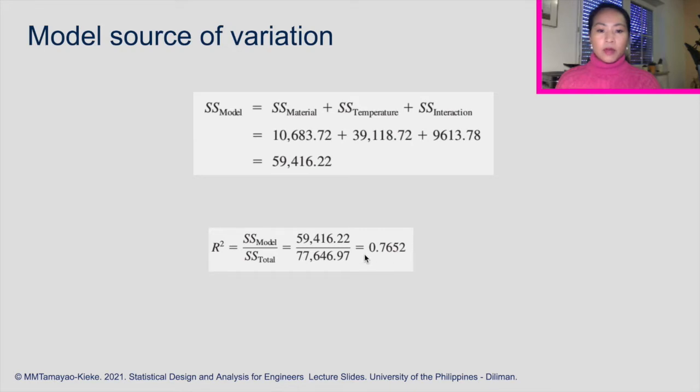This means that 76.52% of the variation in battery life is explained by the model, consisting of your independent variables, material type, temperature, and their interaction. This also means that at least one of these three terms in the model is significant.